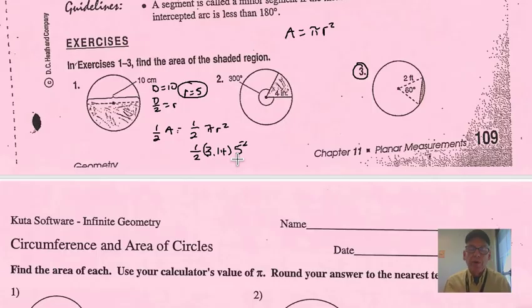So 39.25. And we're talking about centimeters for our units. So since we're dealing with area units, centimeters squared are going to be our units. So we have 39.25 centimeters squared for our area. And that's half the circle.